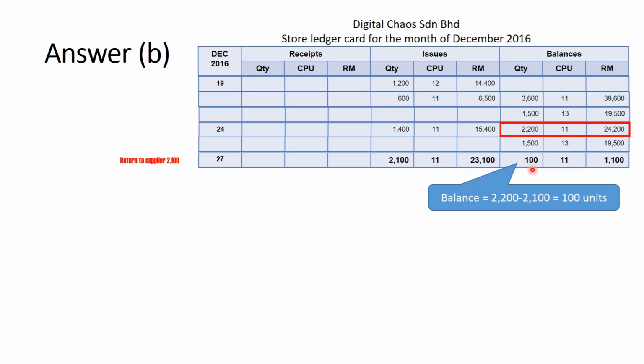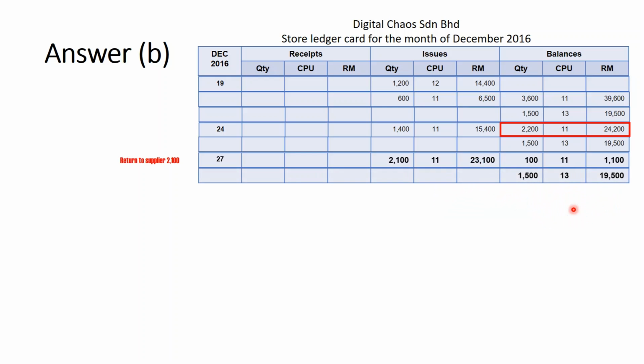Then the balance is 100 units at RM11. Then we record the balance of the stock, which is batch 1,500 at RM30.